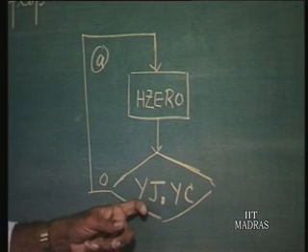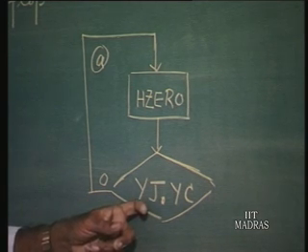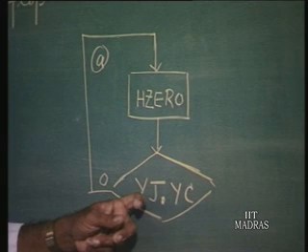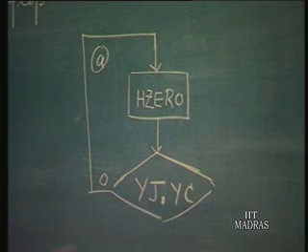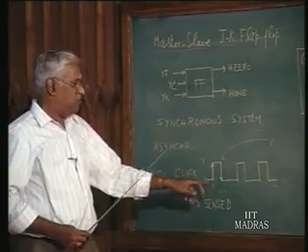It only depends on J, okay. And now, as long as J is 0, Yj and Yc will also be 0.